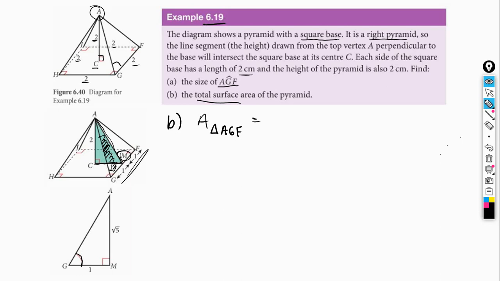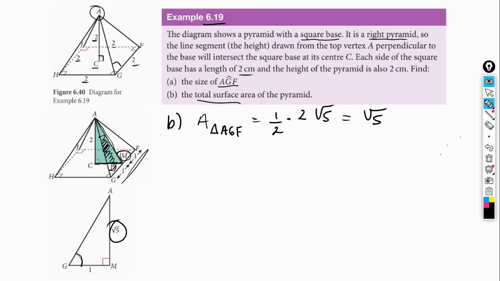And this is going to equal 1/2 times the base, which we know is 2, times the height, which is the slanted height of the pyramid, which we found to be square root of 5. So this is square root of 5, which is the area of each one of those 4 triangles.